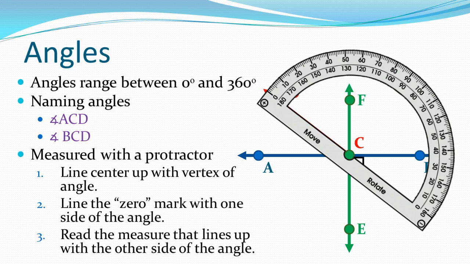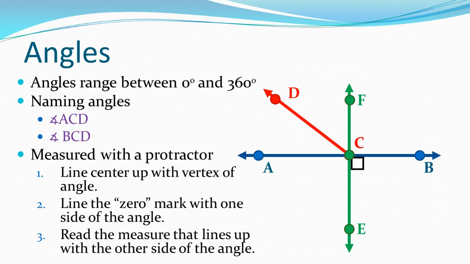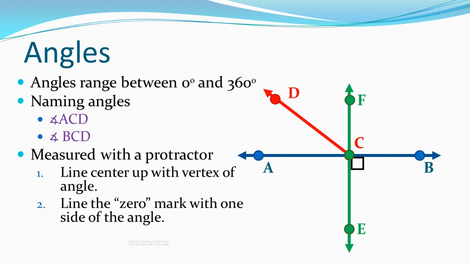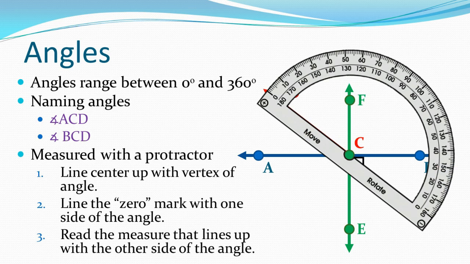Now I'm trying to measure angle BCD, the last one we looked at, and the other ray lines up with 140 degrees. So this is a measure of about 140 degrees, maybe a little bit more than 140 degrees.